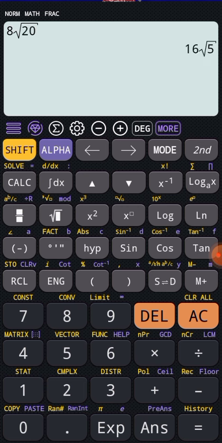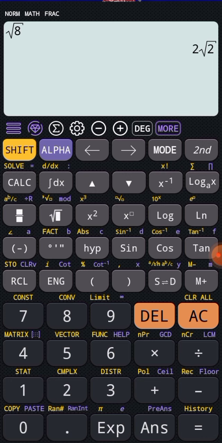Then let's look at 3 root 24. That's going to give us 6 root 6. Then let's look at root 8 plus 27.